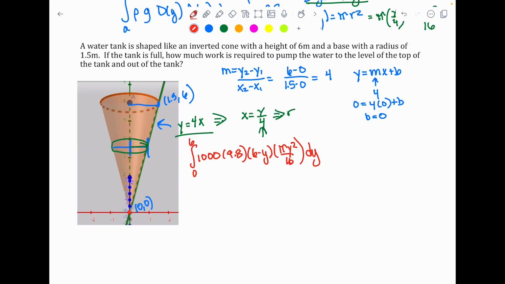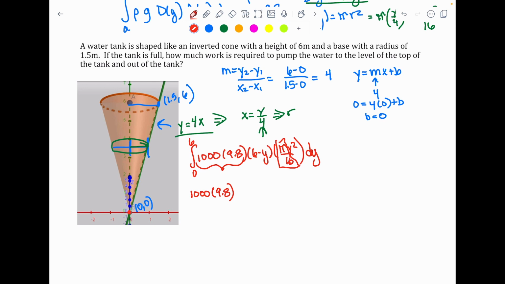I'm going to go ahead and rearrange some of these numbers in here. I know I can multiply those together and pull them out in front of the equation. Likewise, I've got that pi over 16, and I can also pull that out of my equation because these are just factors that are being multiplied and they're constants. So I'm going to have 1,000 that I can pull out.